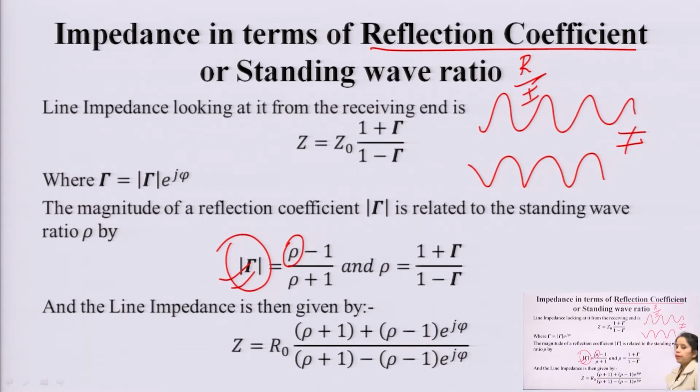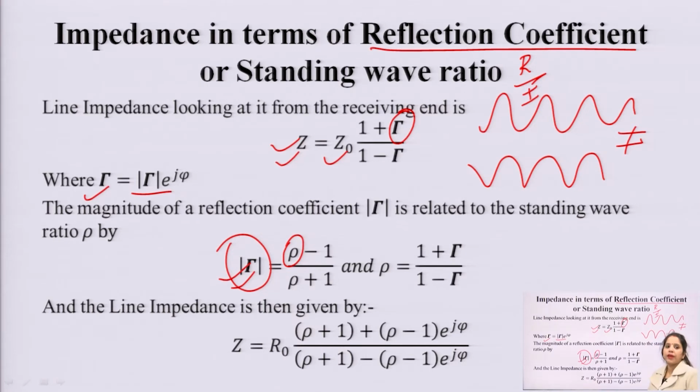Now, back to our topic: how the impedance is measured in terms of reflection coefficient or the standing wave ratio. This is our impedance and this is our characteristic impedance, and this is the formula from where we get the expression of impedance in terms of the standing wave ratio. Z is equal to Z naught into 1 plus tau upon 1 minus tau, where Z naught is our characteristic impedance, and tau is equal to mod of tau, that is the amplitude, into e to the power j phi.